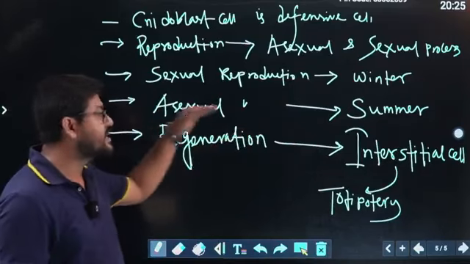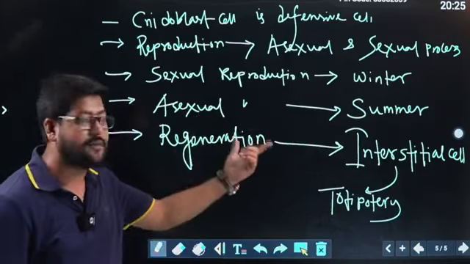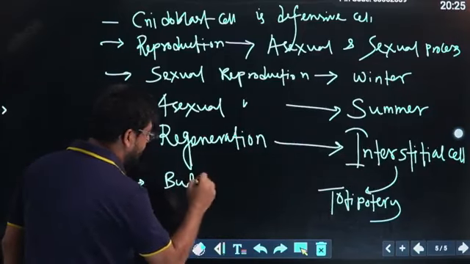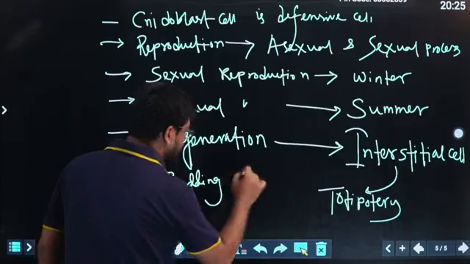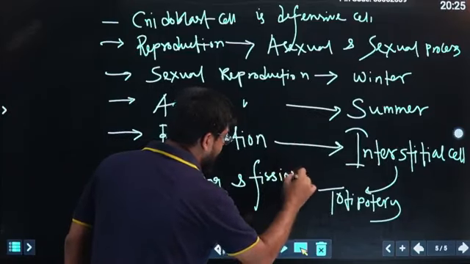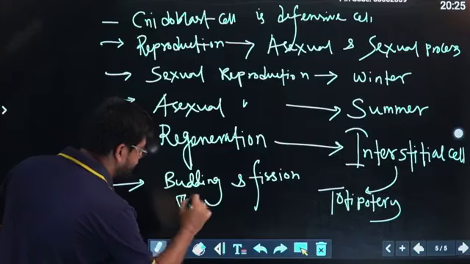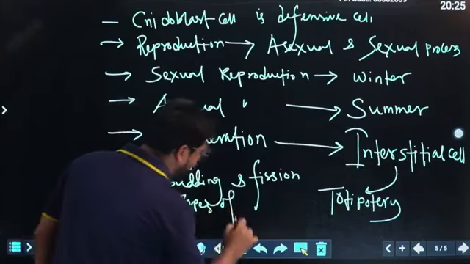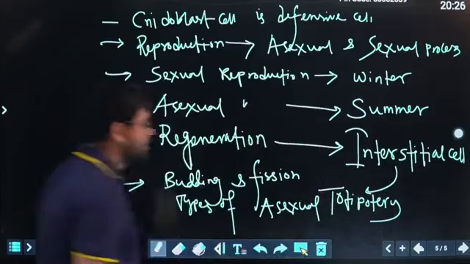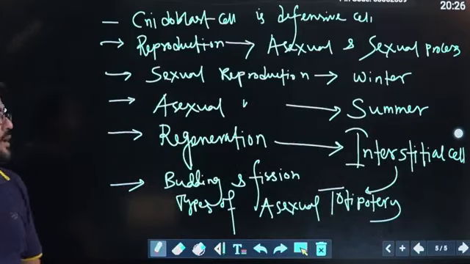But when the asexual process is taking place, it is summer. Asexual processes include budding and fission. These are the types of asexual reproduction. Okay, so you have to remember this.